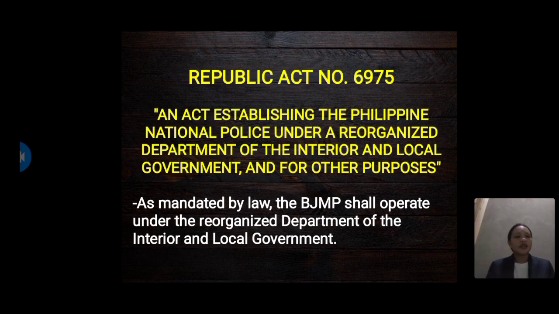As I said earlier, BJMP was created through Republic Act number 6975. This is an act establishing the Philippine National Police under the Department of the Interior and Local Government and for other purposes. This act created the BJMP, or the Bureau of Jail Management and Penology.